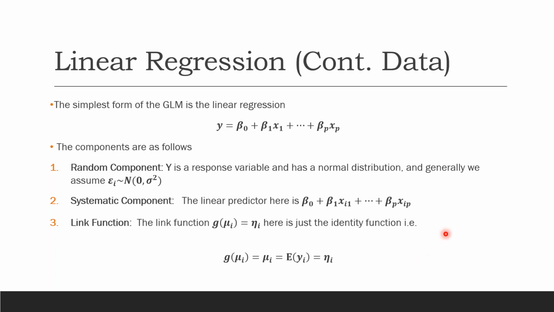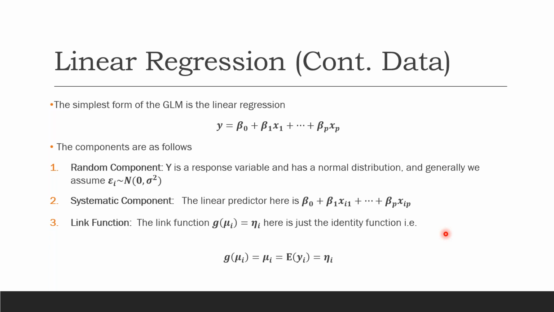So first, we start with a simple case of the GLM, that is the linear regression. The model form is simple. Y is equal to beta naught plus beta 1 x1 and so on for all p predictors.